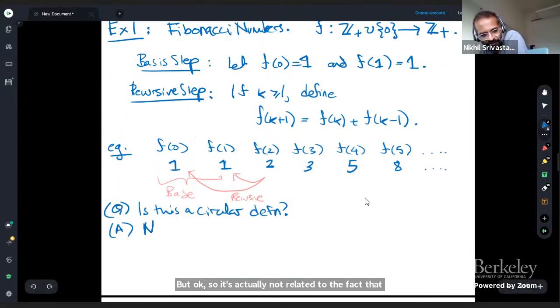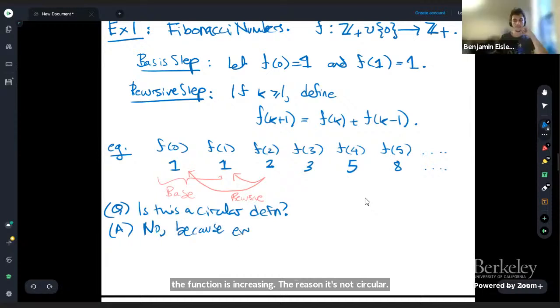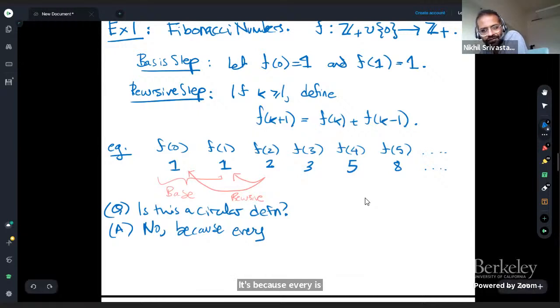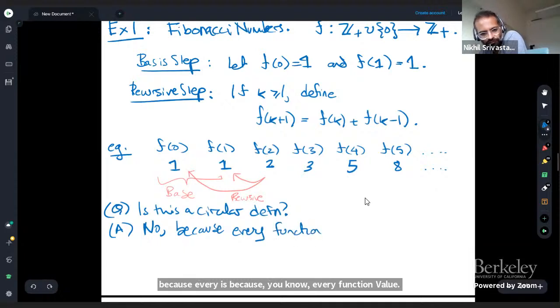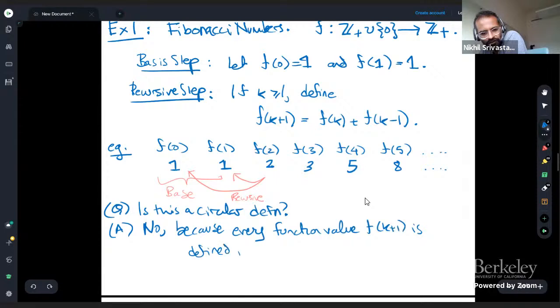The reason it's not circular is that every function value f of k plus 1 is defined in terms of function values on strictly smaller integers.